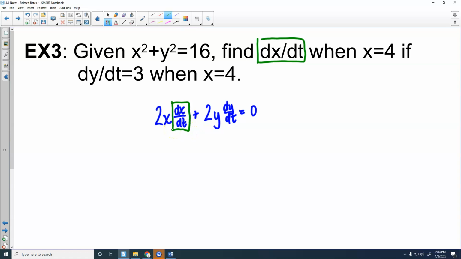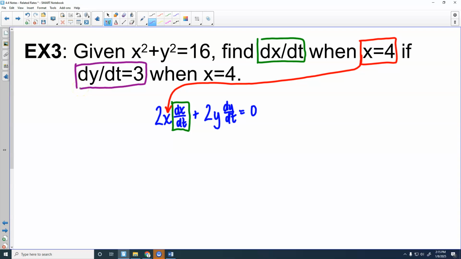We're not going to replace it with anything. x equals 4, so that goes over here for our x. And it tells us dy/dt is 3, so that goes right here.